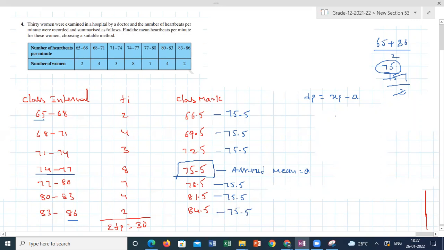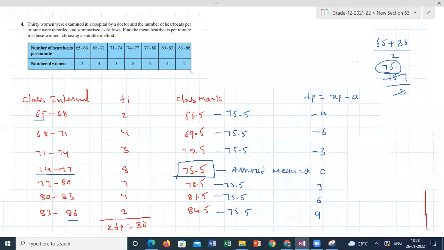What is the column you will get if I am taking minus 75.5? minus 9, minus 6, minus 3, 0, 3, 6, 9. So I got the di values.